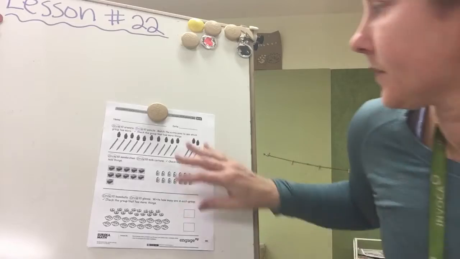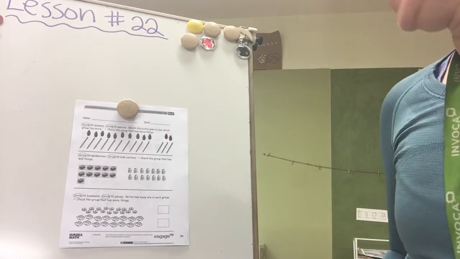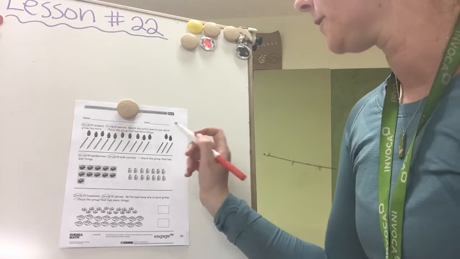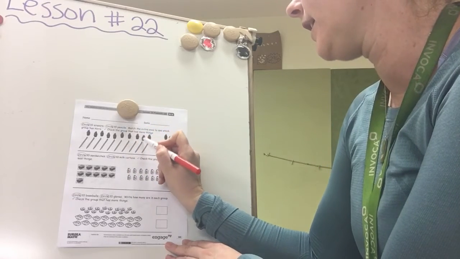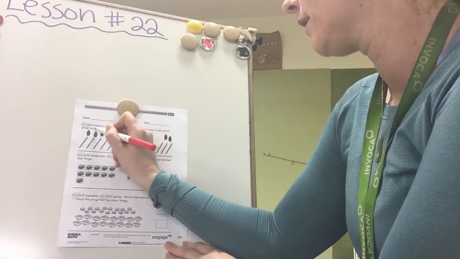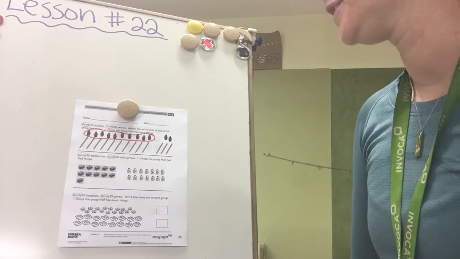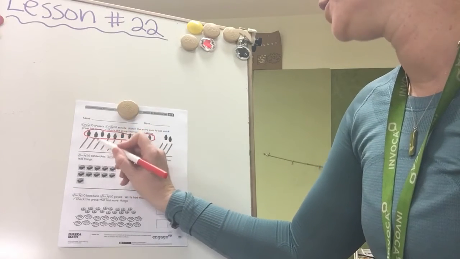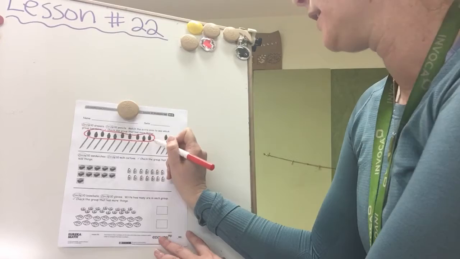So it says, circle 10 erasers. So let's circle 10 erasers. 1, 2, 3, 4, 5, 6, 7, 8, 9, 10. Now circle 10 pencils. 1, 2, 3, 4, 5, 6, 7, 8, 9, 10.